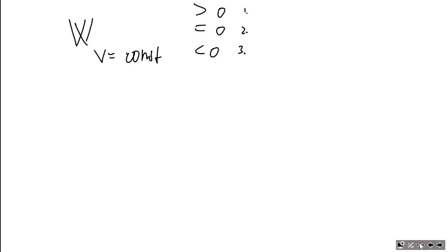But a question about work for the isochoric process is good. Constant volume. A work is a number. As any number, it can be positive, 0, or negative. So we only have 3 choices. So please tell me what you think. When the volume remains constant, the work done by the gas is.